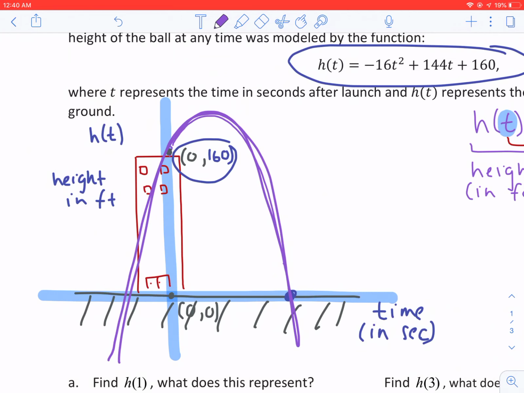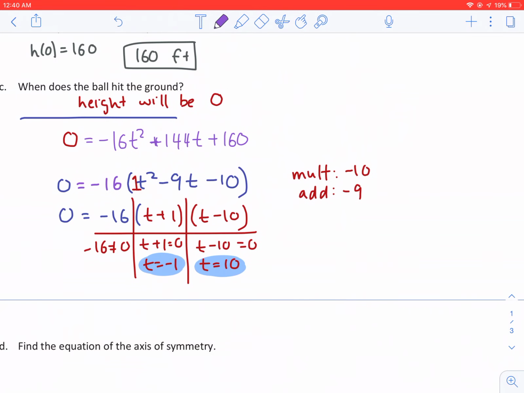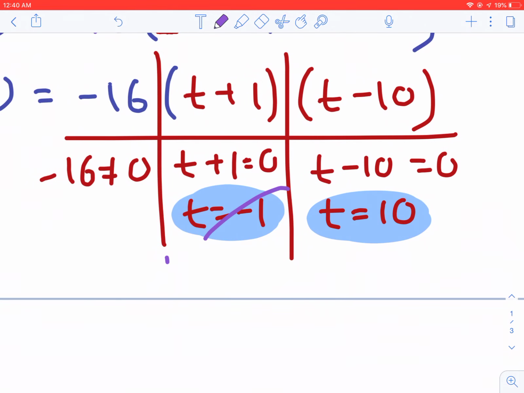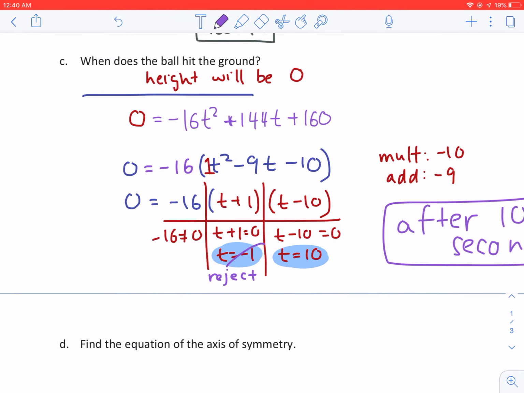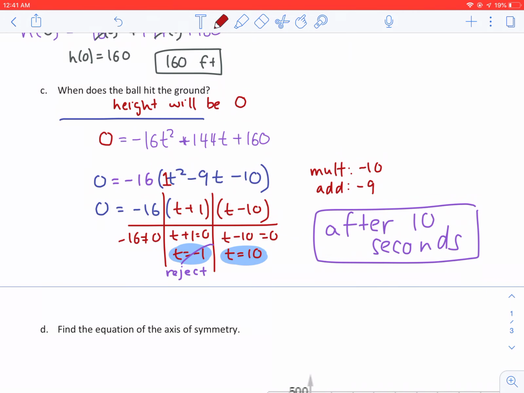So it's going to hit the ground after 10 seconds. We kind of have to reject that negative answer because it doesn't make sense in the context of our problem. So it's kind of mean, but we cross it out, and we're going to write the word reject. And we're only going to keep the positive t = 10 answer.